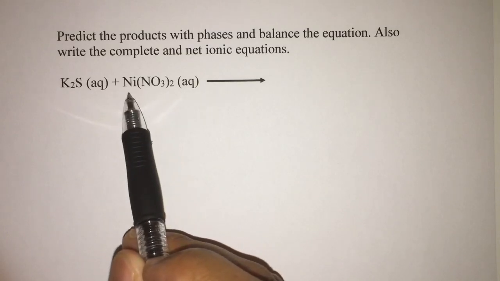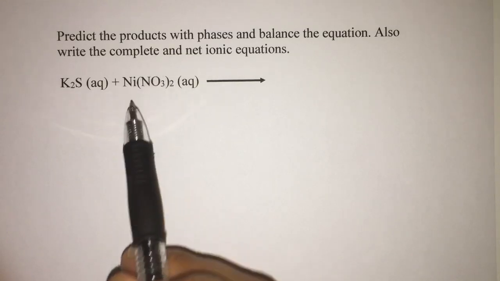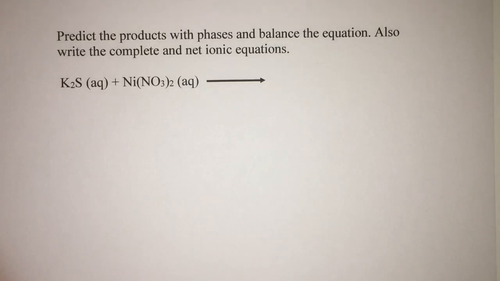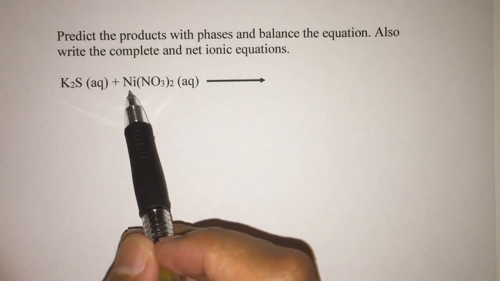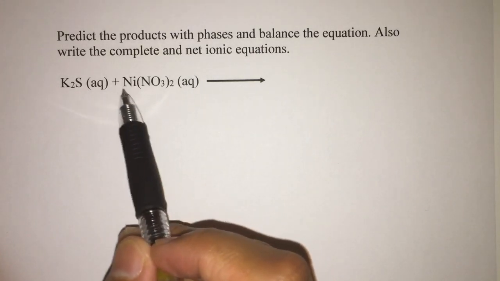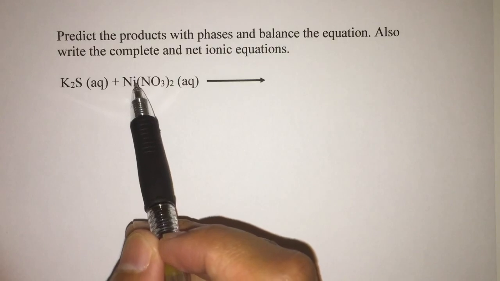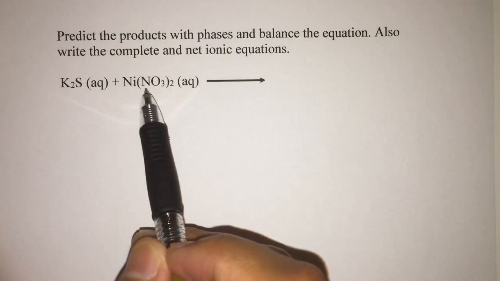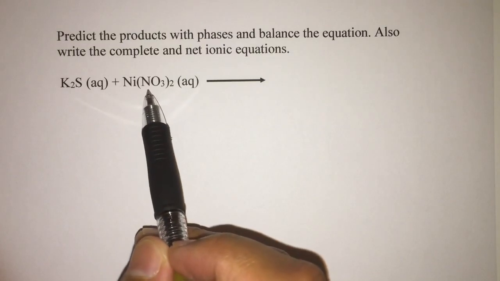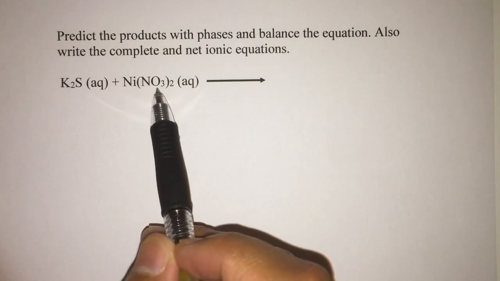Now nickel is a transition metal, and so remember this is called nickel 2 nitrate. How do we know it's nickel 2 nitrate? Remember from chapter 2, with the transition metals we need to know what the charge is. So nickel is one of those transition metals. I don't know the charge, but I do know the charge of the nitrate.